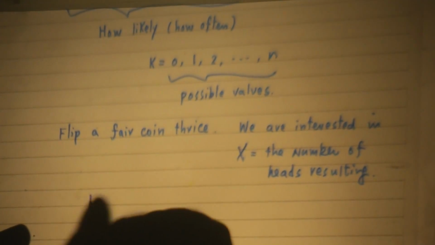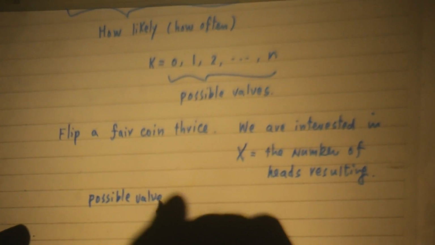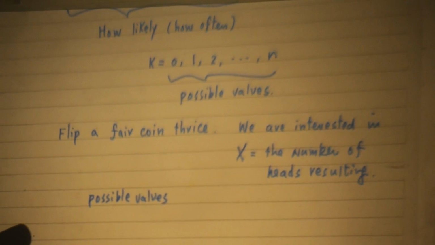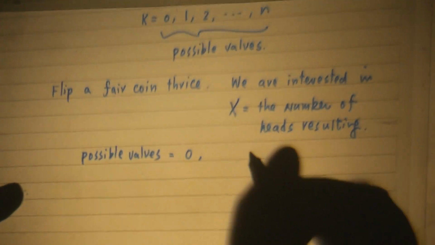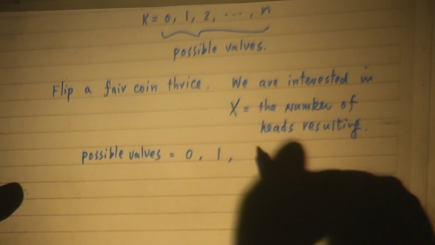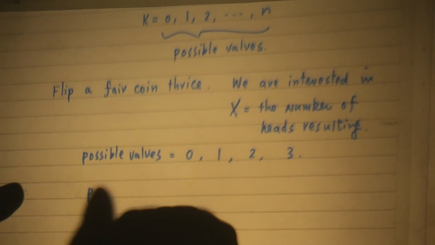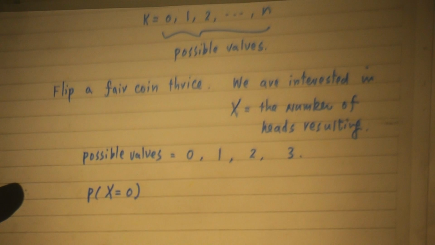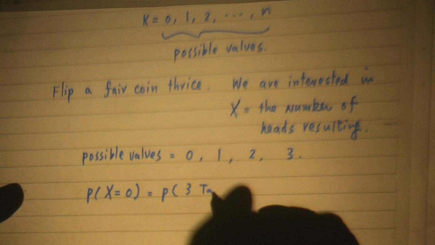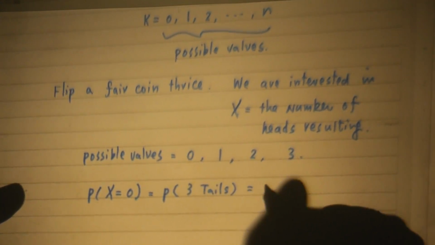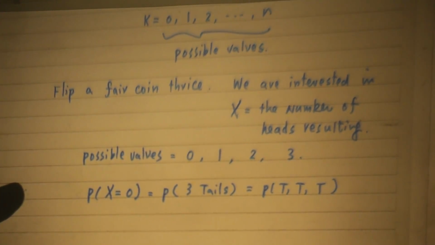Okay, so possible values of x. If I only flip the fair coin 3 times, I can either see no heads, which is x equal to 0, or I see 1 head, or I see 2 heads, or I see 3 heads. Okay? But how likely do I see no heads? No heads means I see 3 tails. And that is tail, tail, tail. I see 3 tails in a row.